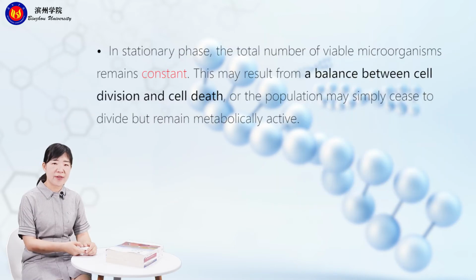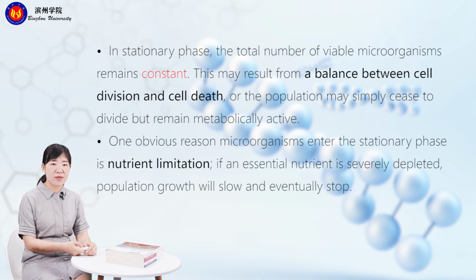In stationary phase, the total number of viable microorganisms remains constant. This may result from a balance between cell division and cell death, or the population may simply cease to divide, but remain metabolically active.